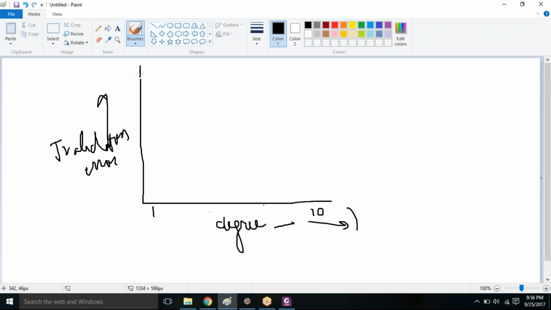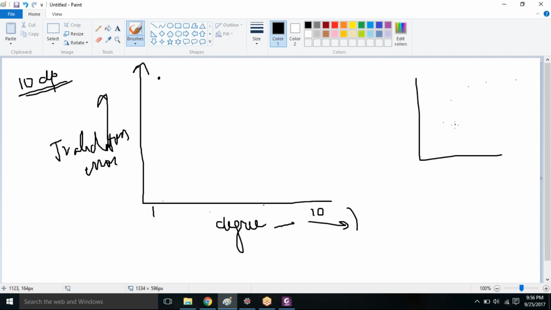Now what you will find is, as you are increasing your degree, initially when degree is equal to 1, my validation error will be high on the 10 data points which are not used in training. On this I am calculating my validation error. I can visualize it like this.